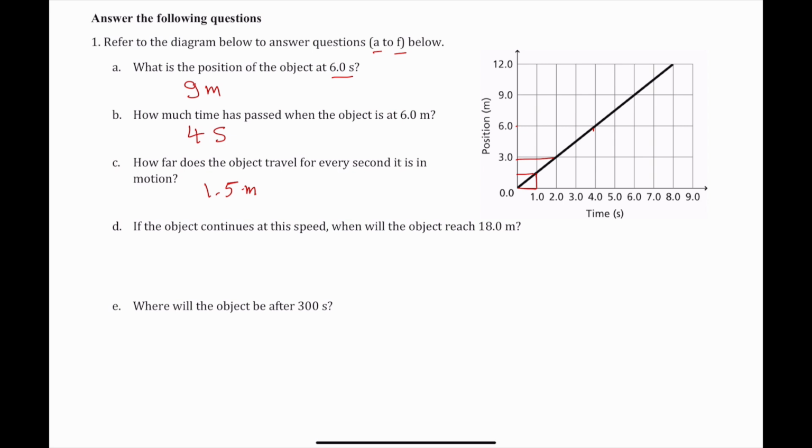meters. D. If the object continues at this speed, when will the object reach 18 meters? From the slope, we can say that velocity equals distance over time, and because it's a constant motion, it's 6 over 4.